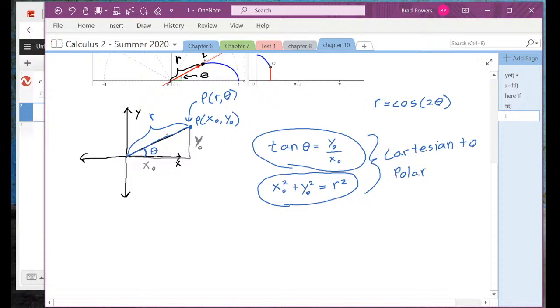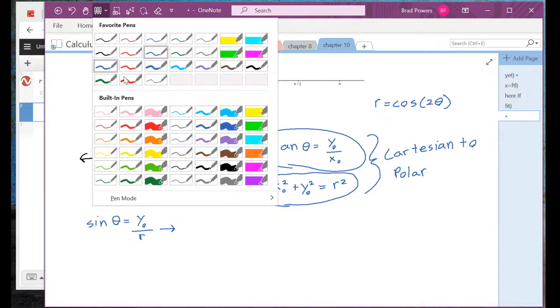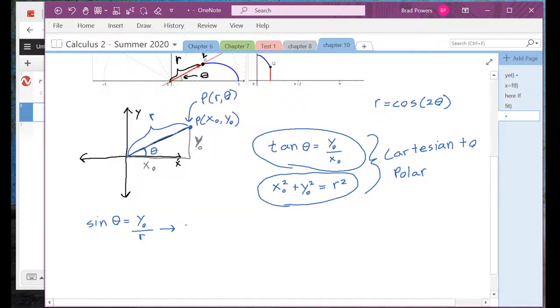There's also this other relationship, though, that I care a little bit more about, and that's: what is sine of theta? Sine of theta, if I'm looking at that, is y over r. Or, more to the point, we could write y is equal to r sine of theta.